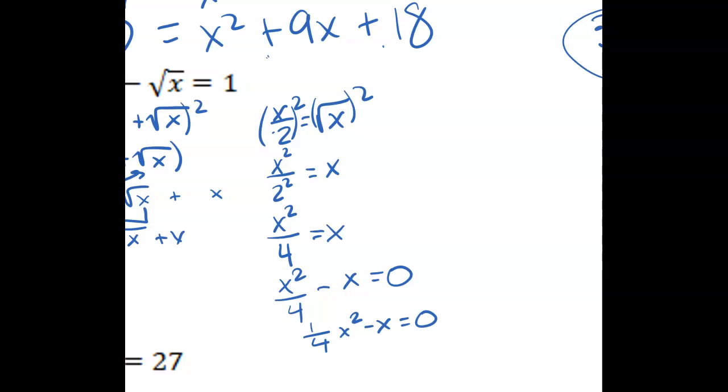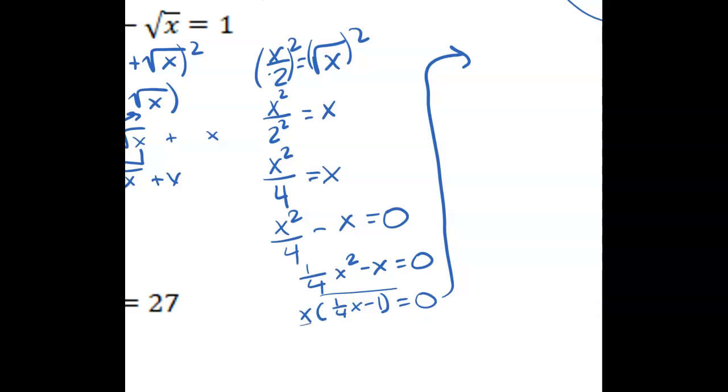Why I would suggest changing it a little bit is because now it's a little bit easier to see that I have a greatest common factor between those two terms. And that's an x. So let's factor that out. I've got an x times 1/4 x minus 1 should be equal to 0. Cool. So now we know that this factor or that factor is 0 because 0 times anything is 0.